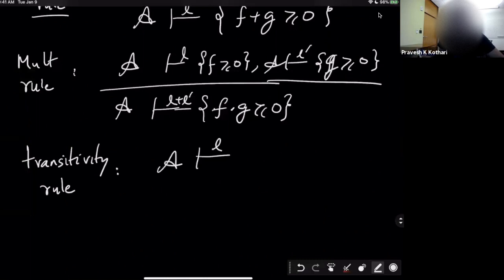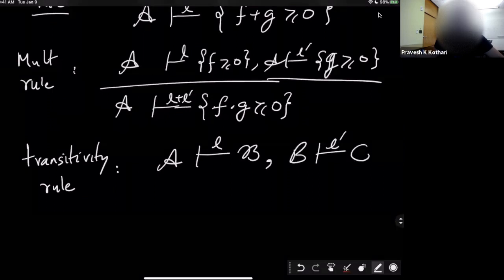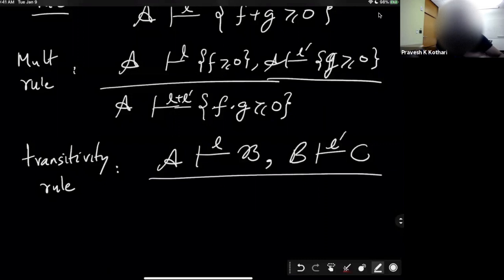Suppose there is a degree L proof that A derives a bunch of polynomial inequalities that appear in system B. So this statement is saying that for every polynomial inequality that appears in the system B, there is a degree L proof starting with A. And let's say that B derives in degree L prime some other system of polynomial inequalities C. Then I can string together the proofs and note that A derives in L times L prime degree system C.